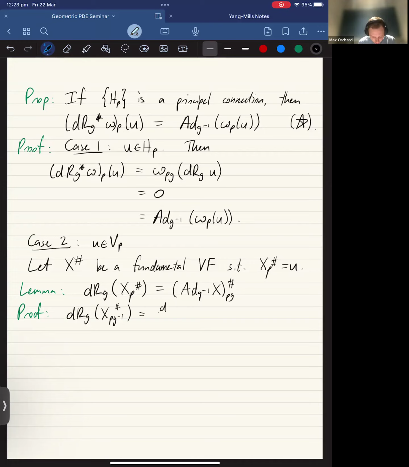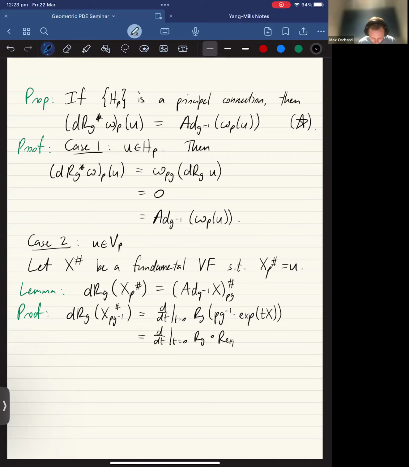So I'm going to look at it at the point PG inverse here instead. So this, by definition, is equal to this here. And then again, I'm just going to be essentially expanding out all these right multiplication maps.